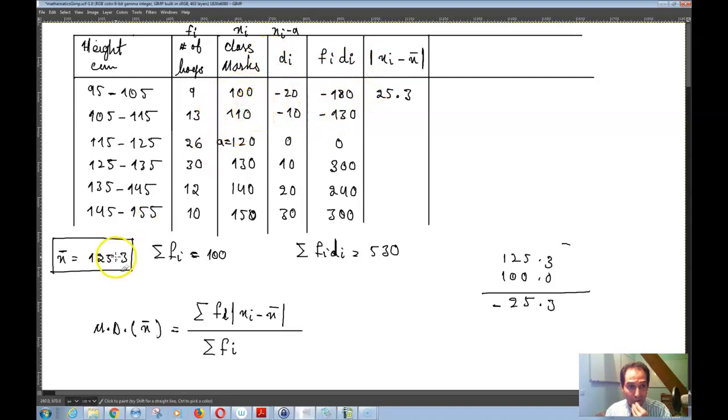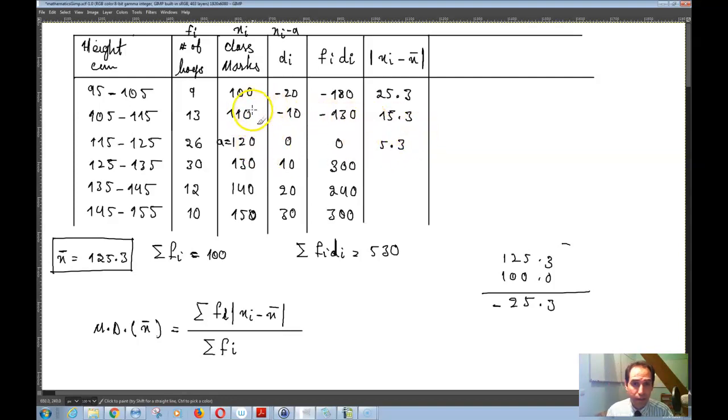110 minus 125.3, you will basically have to subtract 10 from this number, because this number has grown by 10 units, right? So that's 15.3. Again, it's growing larger, so that becomes minus 10, that's 5.3. Let me see.